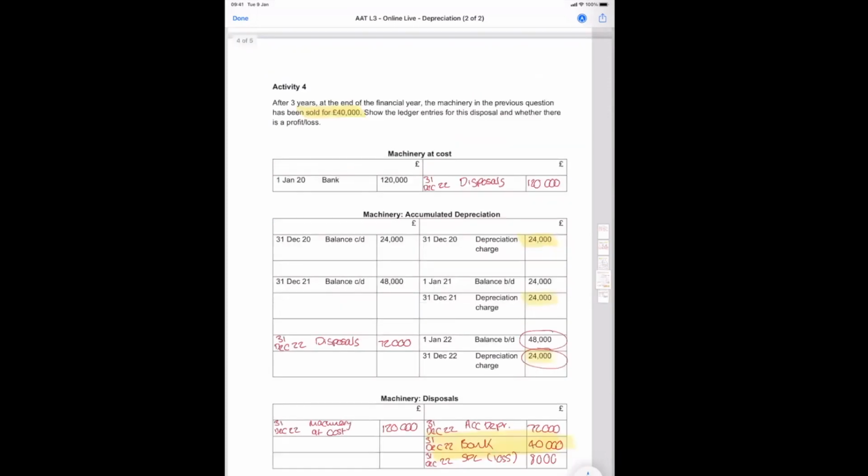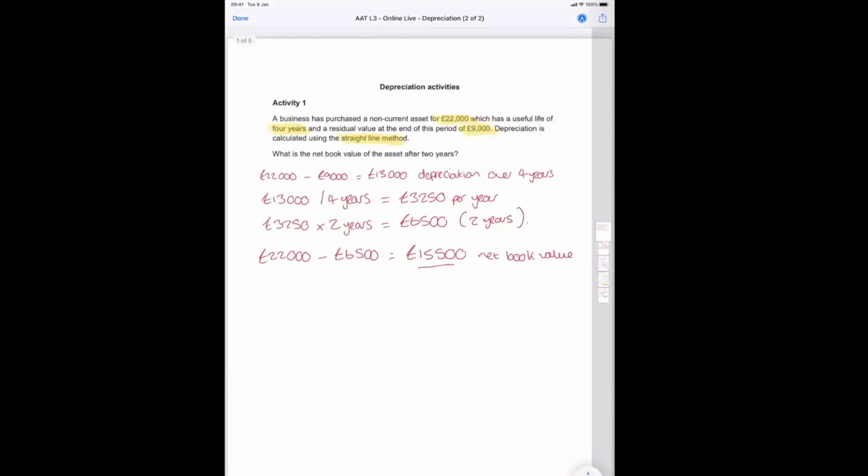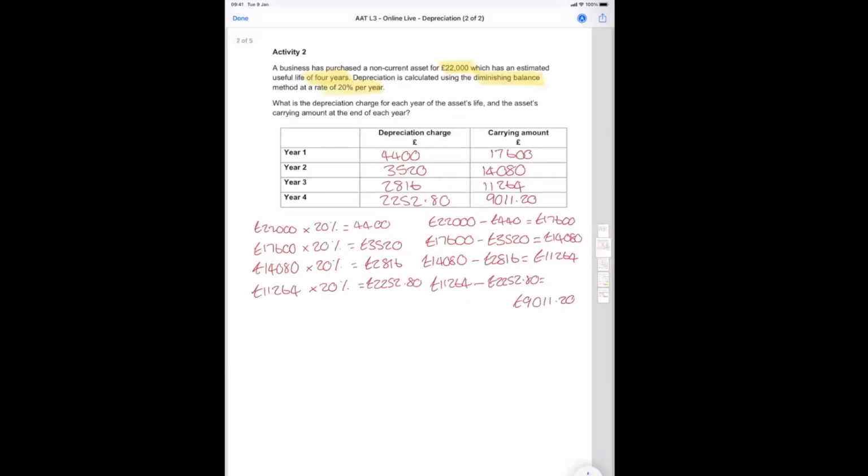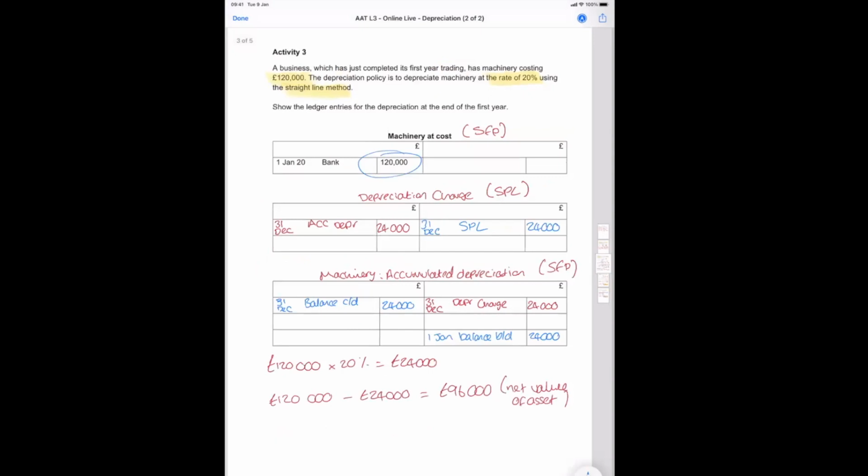Okay, and that covers everything within this session. So just a quick recap. We looked at the two calculation methods first, which was the straight line method in activity 1, the reducing balance in activity 2. In activity 3, we looked at how we record that first year's depreciation by calculating the annual depreciation charge and posting that within the depreciation charge account and the accumulated depreciation account.